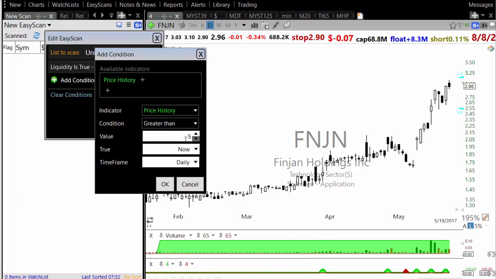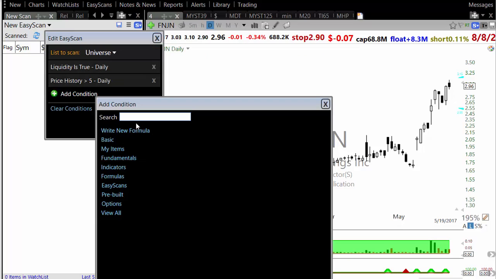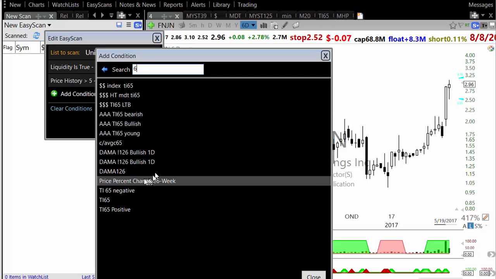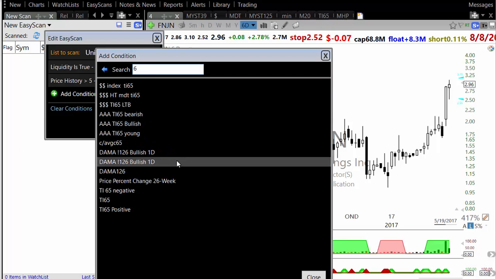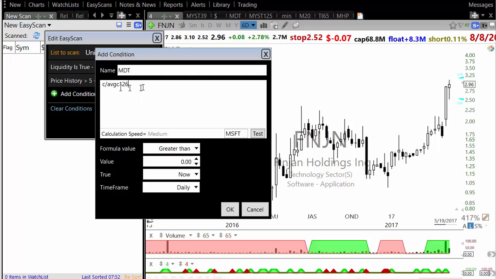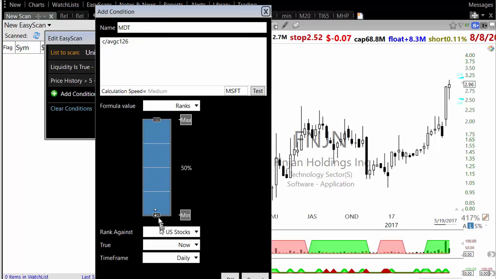Say price above 5, and then you can add your 6 RS condition if it is there, we call this MDT basically. So you have the same thing, C by average C 126, and then again you can either use a ranking, and you say look, I want rank above say 95.